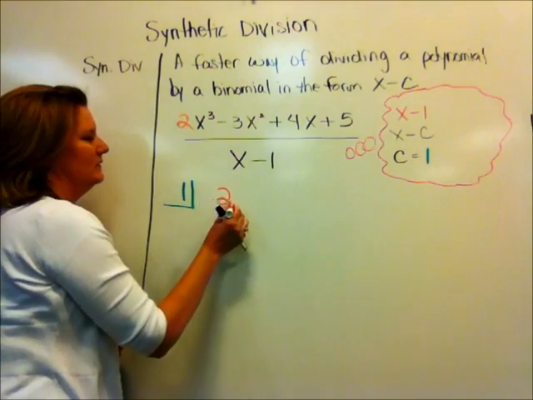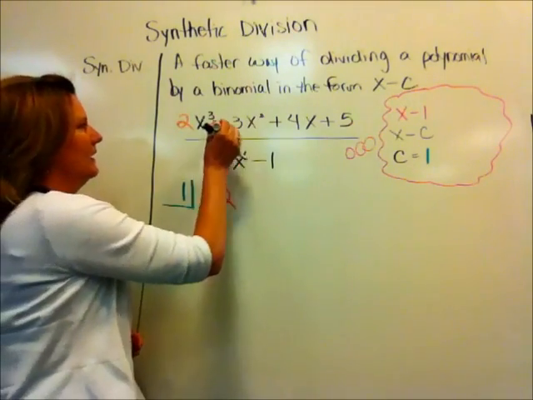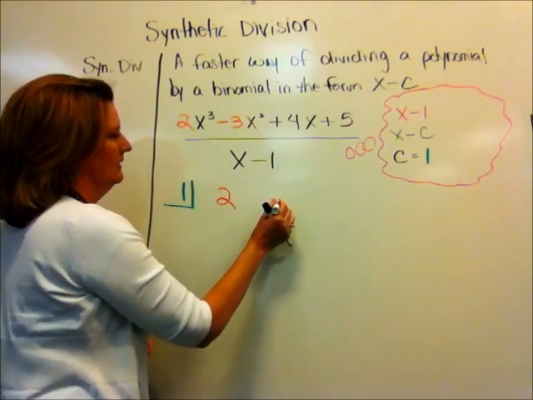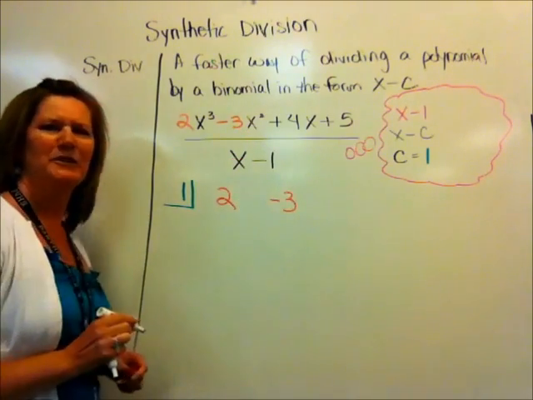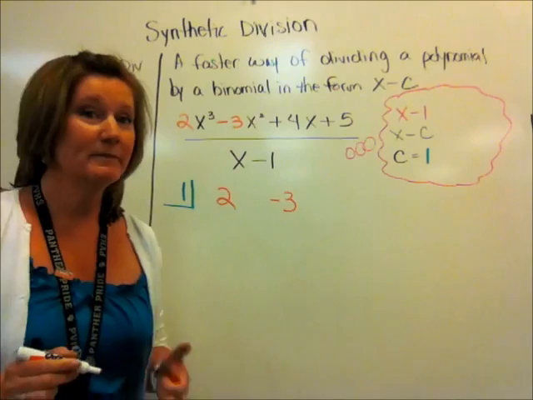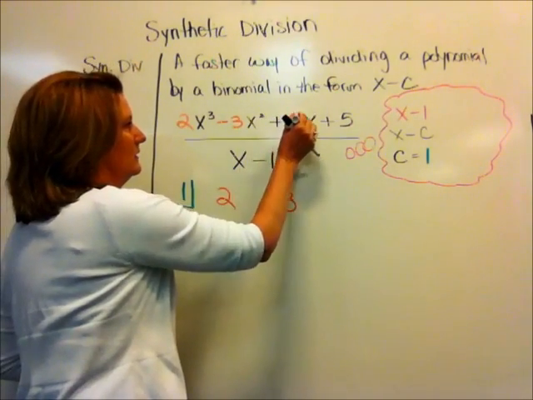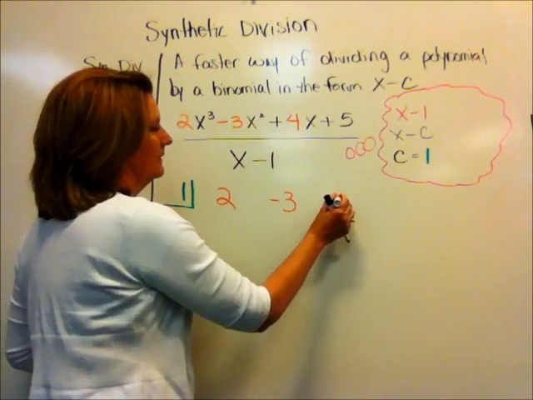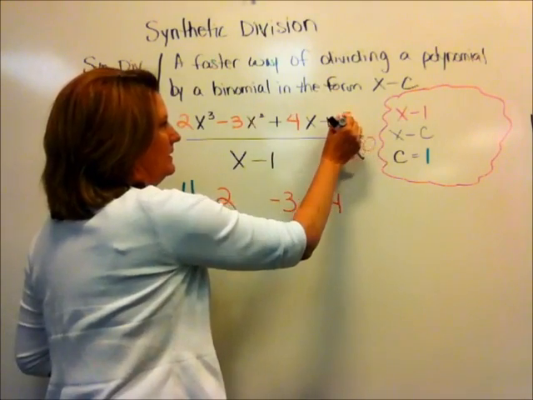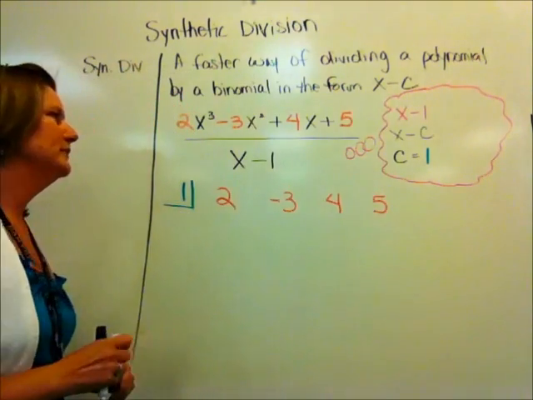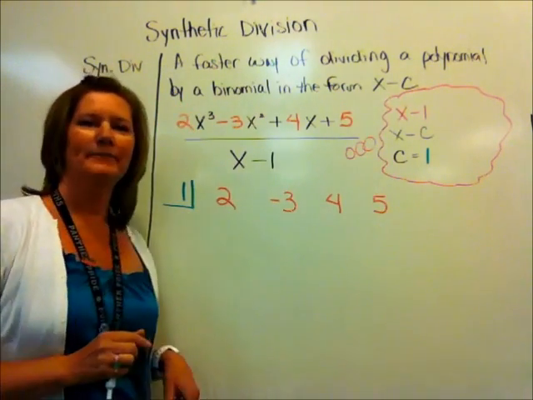So I have a 2, I have a minus 3. I'm going to spread it out just a little bit. You need a little bit of room. All I'm writing is the numbers. I'm not writing any variables. I have a plus 4, and I have a plus 5. Those are the numbers that I'm going to write down.